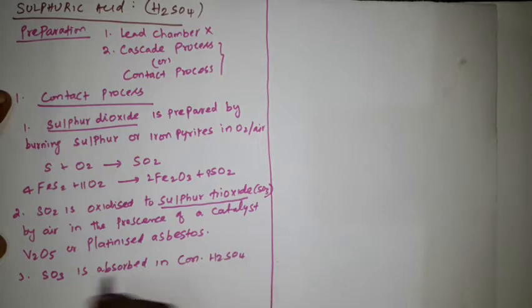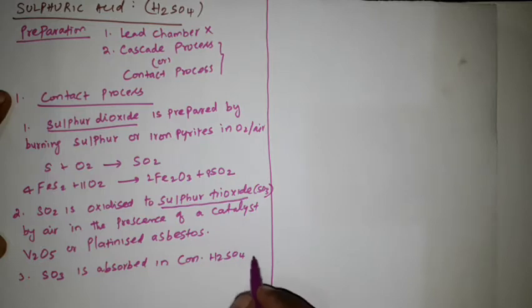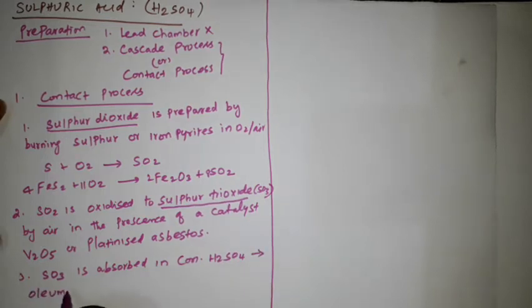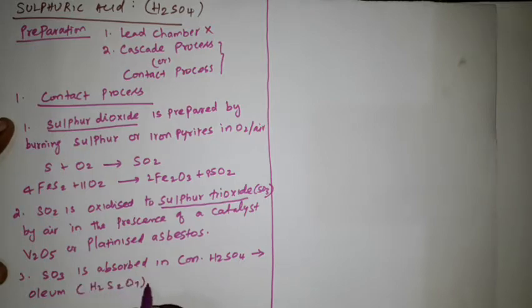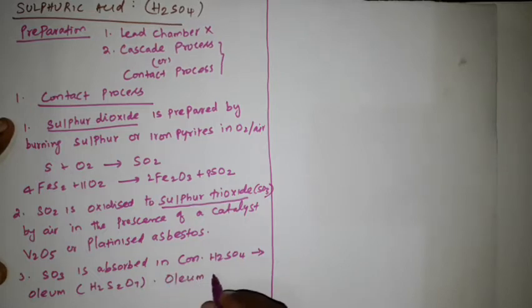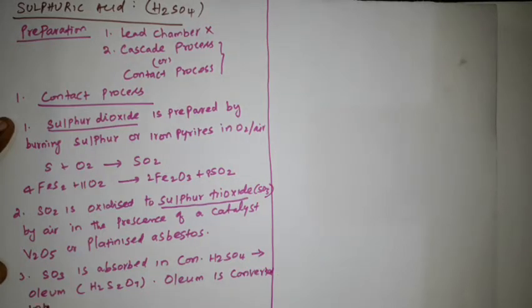and when SO3, that is sulfur trioxide, is absorbed in concentrated sulfuric acid, we will get oleum. Okay, so it is called oleum. The formula is H2S2O7, and this oleum is converted into sulfuric acid.